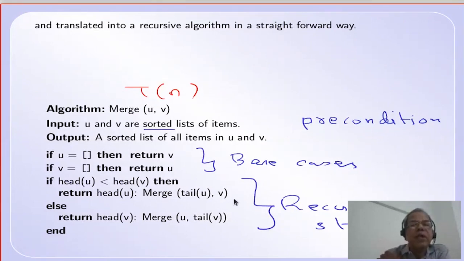Let me ask a simple question. How many recursive calls does this algorithm make? How many recursive calls does algorithm merge make?